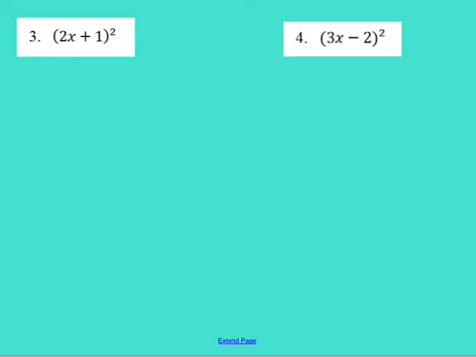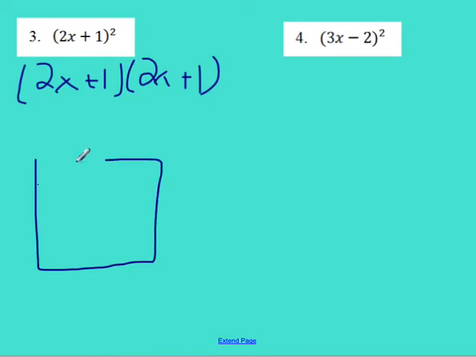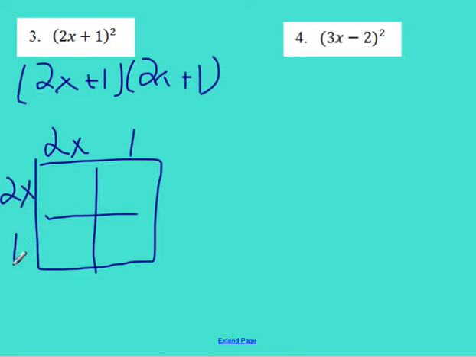Let's take a look at number 3. This one is going to be 2x plus 1 times 2x plus 1. Remember, that's the same thing being written out twice. So here I'm going to have 2x and 1, here 2x and 1. When we multiply into that first box, we take 2 times 2, which is 4. x to the first times x to the first, add those exponents and you get squared. 2x times 1 is 2x. 1 times 2x is 2x.